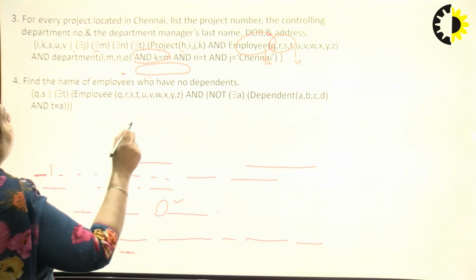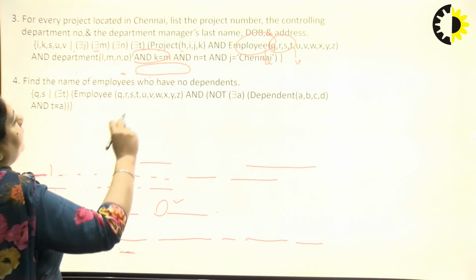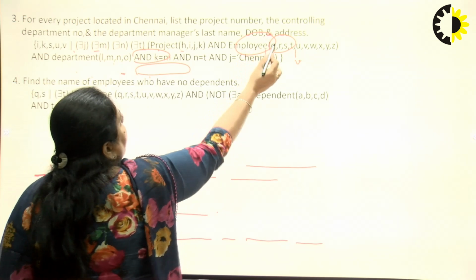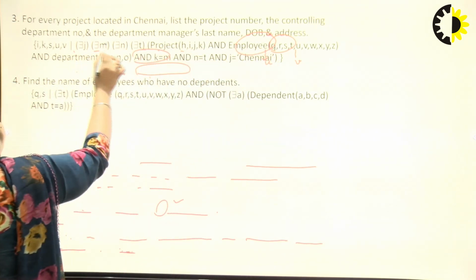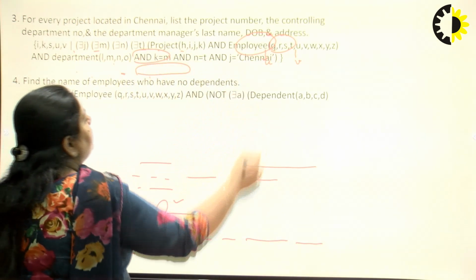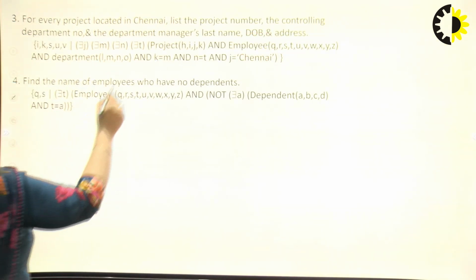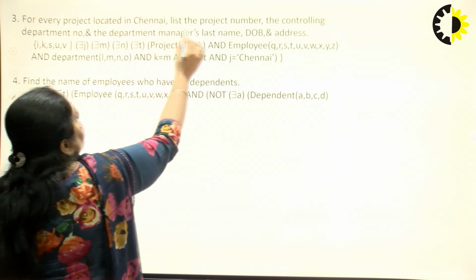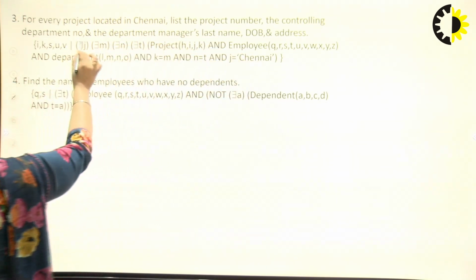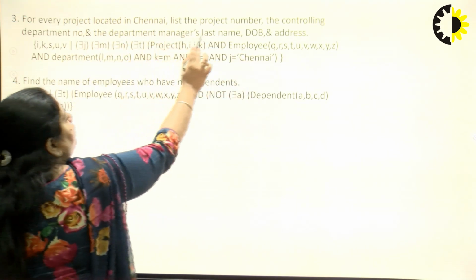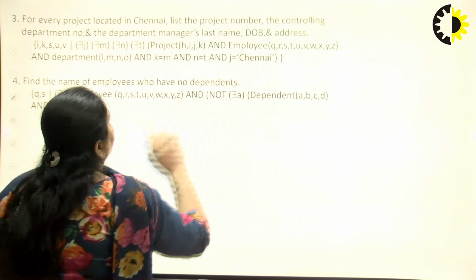So for every project located in Chennai, list the project number, the controlling department number and the department manager's last name, date of birth and address.